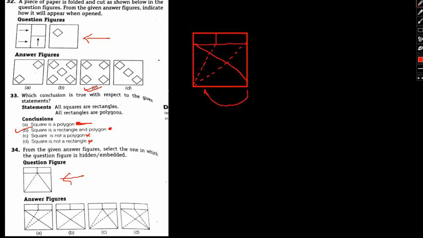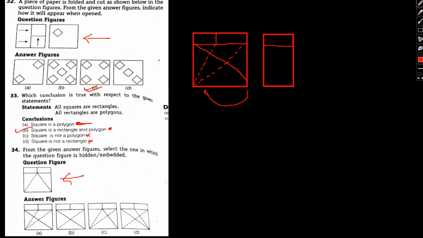If I fold it, this end comes in here, so the figure would be something like this. It's at the midpoint, so this line will be here only and this end will come here.